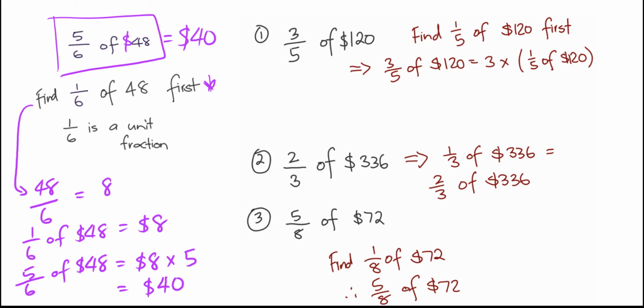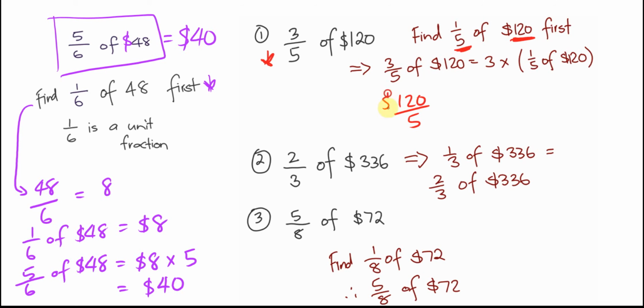Okay, let's have a look at number 1 here, this example. So 3/5 of $120. Again, find the unit fraction first. So we want to find 1/5 of $120, which is the same as finding out what 120 divided by 5 is.